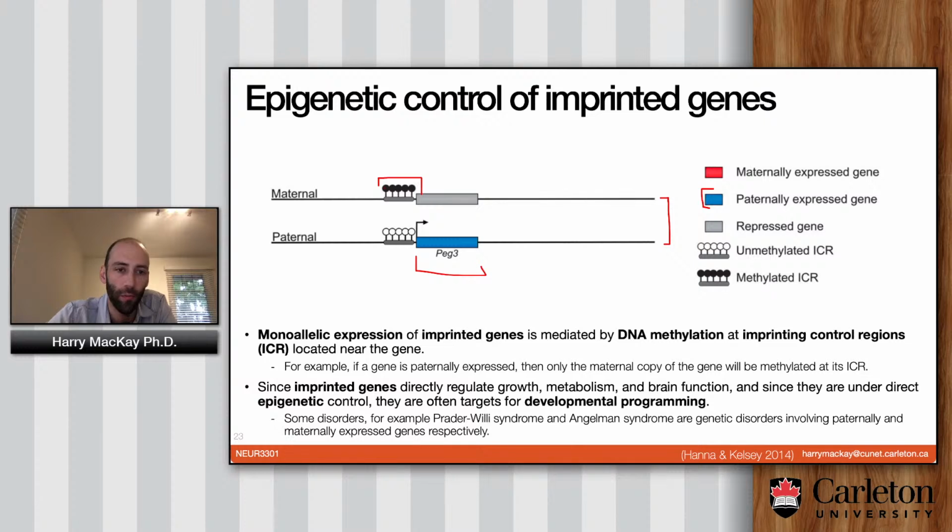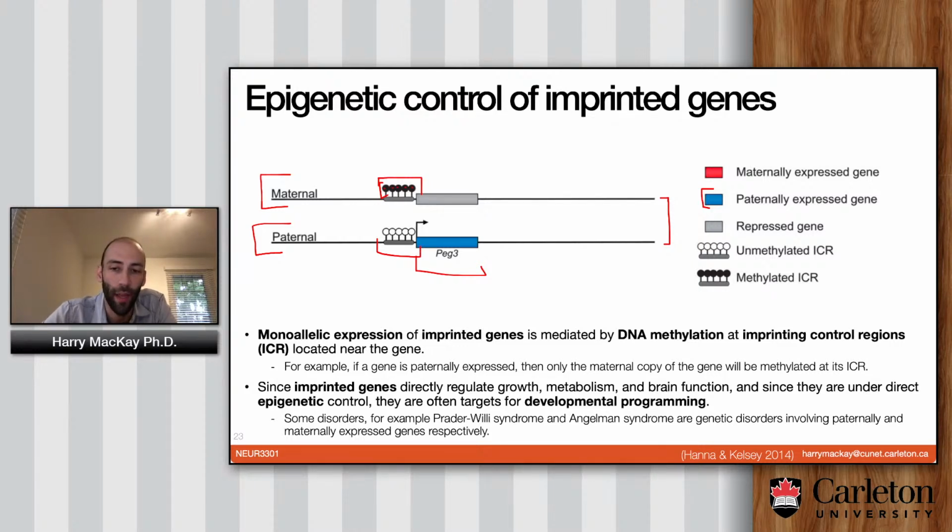These closed circles represent methylated cytosines. So there's a lot of methylation upstream of this gene. So that would prevent the maternal copy from being expressed, because DNA methylation typically leads to less expression. On the paternal allele, on the other hand, you have very low levels of methylation upstream of this gene, meaning that that particular copy is expressed.